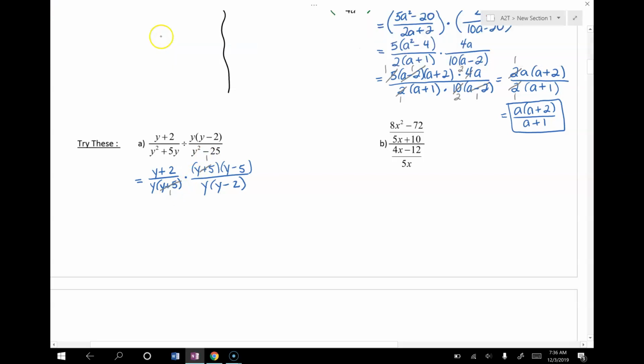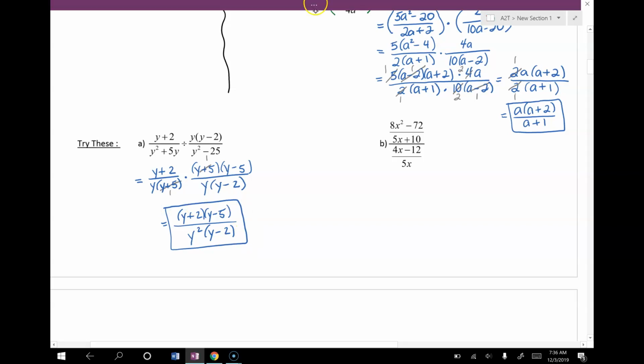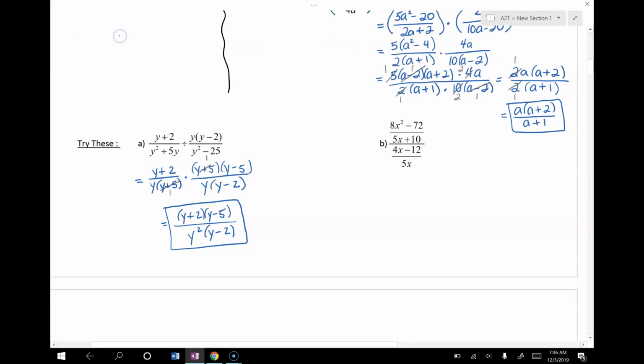So our final answer should be in the numerator y plus 2, y minus 5, all over y squared times y minus 2. And it does say to simplify, so do not multiply the binomials. Do not multiply everything back together. That's pointless. If we're asked to simplify, leave it in simplified form.